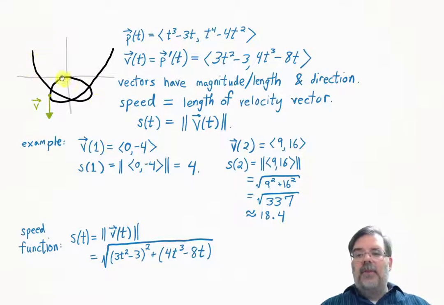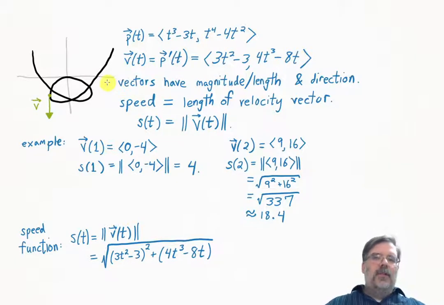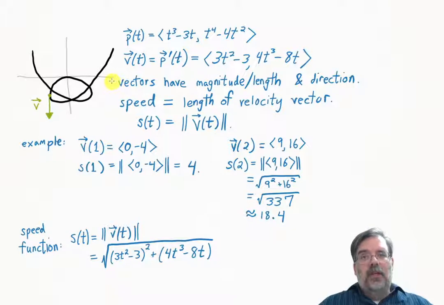Now, there's a little bit more information we can actually get out of this as well. So with the same position function and the same velocity function, remember that vectors really encapsulate two pieces of information. Every vector has a magnitude, which we also call its length, and it indicates a direction. The speed of this moving point along this curve is the absolute value, or the magnitude, of the velocity vector.